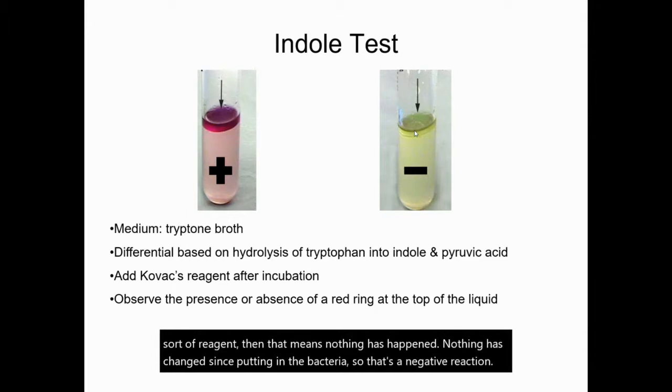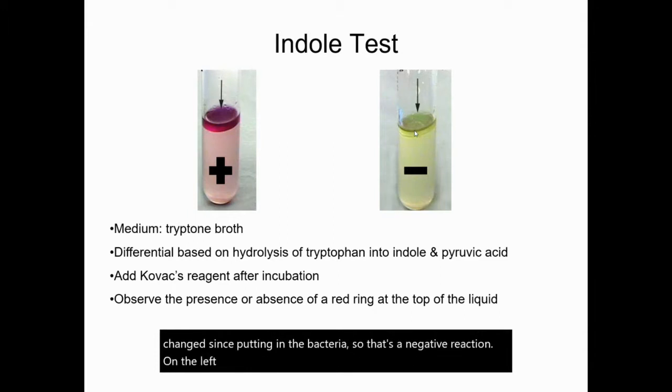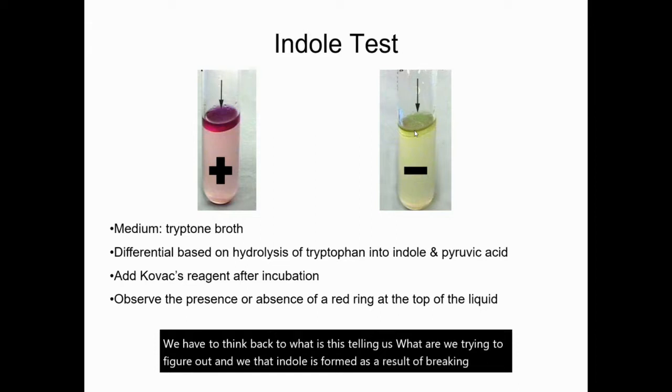On the left side, where you see the red ring, which is a positive reaction, we have to think back to what this is telling us. What are we trying to figure out? We know that indole is formed as a result of breaking down tryptophan. And on the right, it is not.